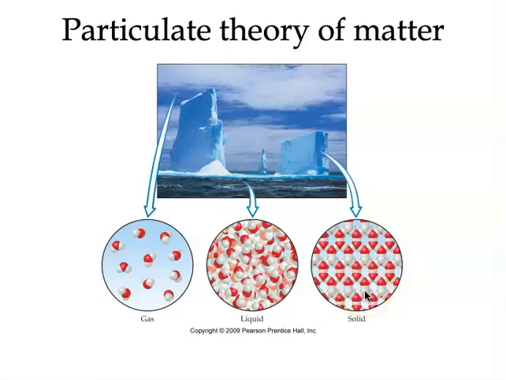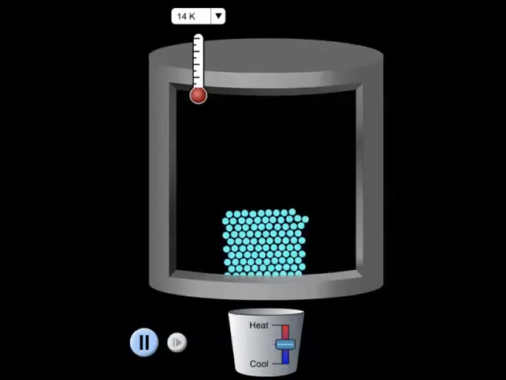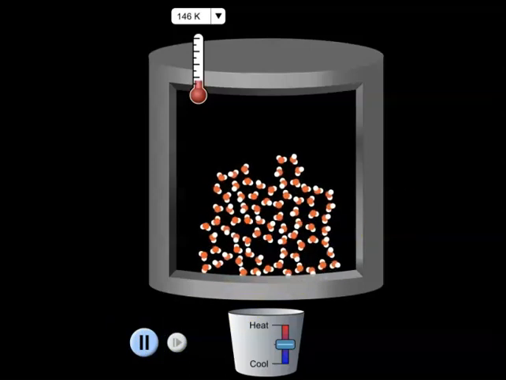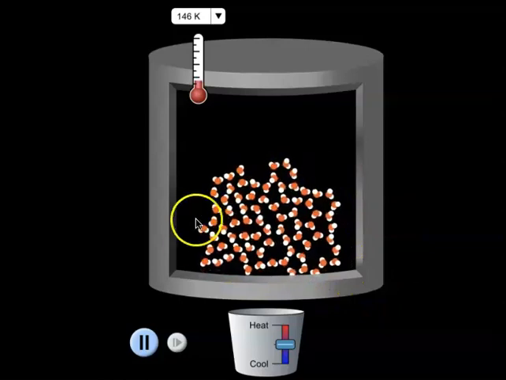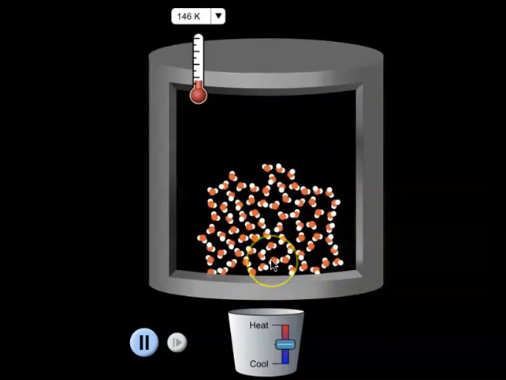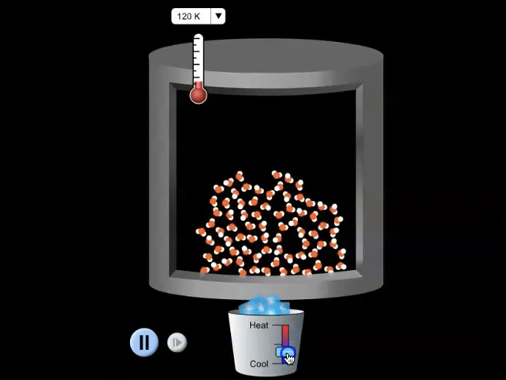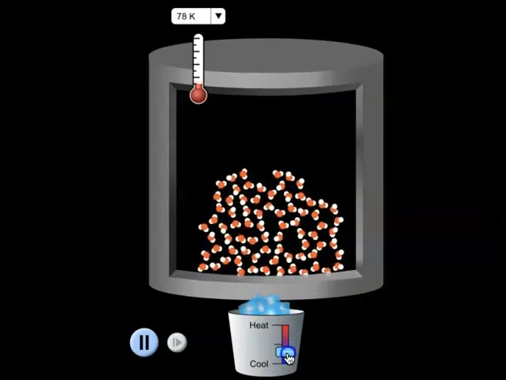But here's a classic example. One thing you'll notice about this sample, which is in the solid phase, is that even in the solid phase, all those little particles that make up a given sample, obviously this isn't water, so let's switch it to water, do have a certain amount of motion. As you might expect, if I were to cool this down, that motion gets less and less.